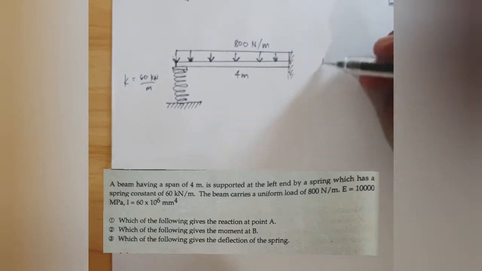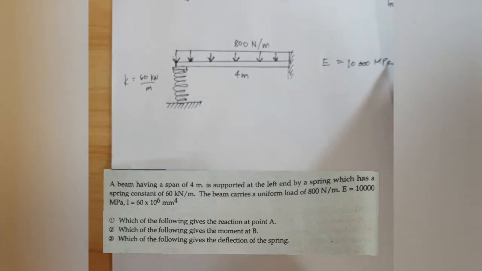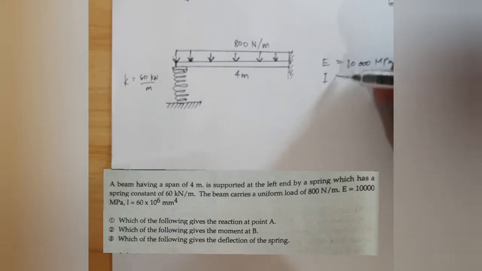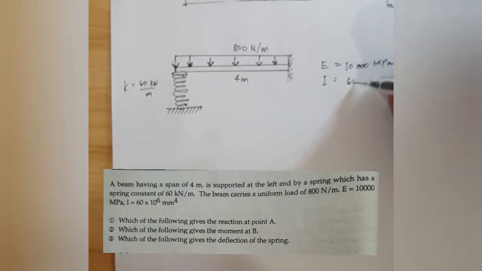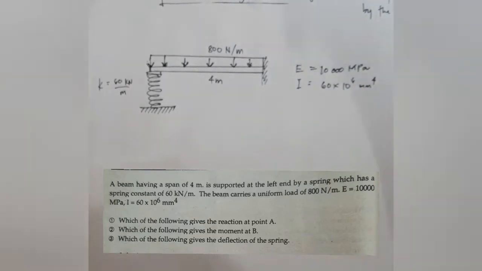E is equal to 10,000 megapascal and I is 60 times 10 to the 6 mm to the 4. Okay. So number 1, which of the following gives the reaction at point A?